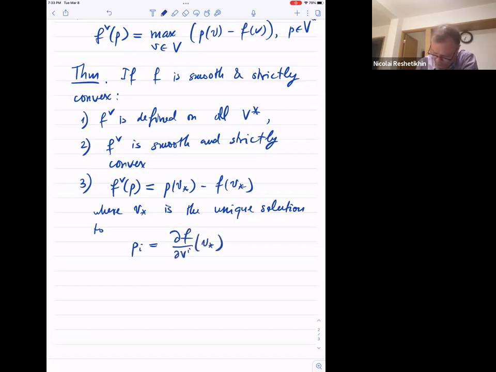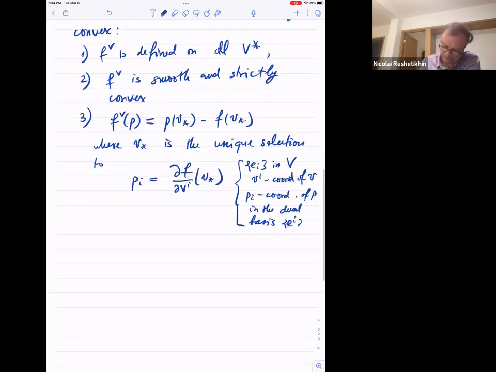These are global coordinates. Here I assume that we have a basis ei in V, Vi are coordinates of V, and Pi are coordinates of P in the dual basis E super i.